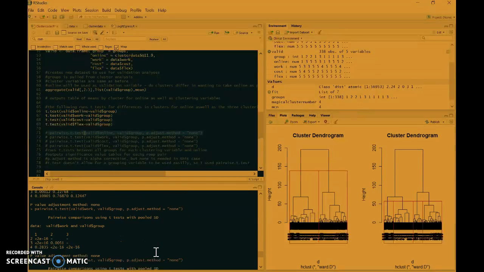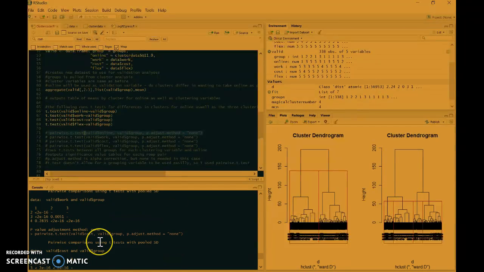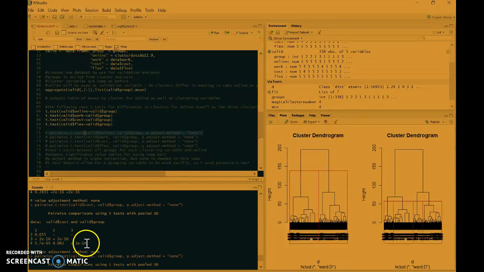But we can also look at these pairwises. It looks like in general work was significant depending on the clusters, or for the clustering. It wasn't different from 1 and 4. We got cost here, kind of the same story except 1 and 2, 2 and 4.